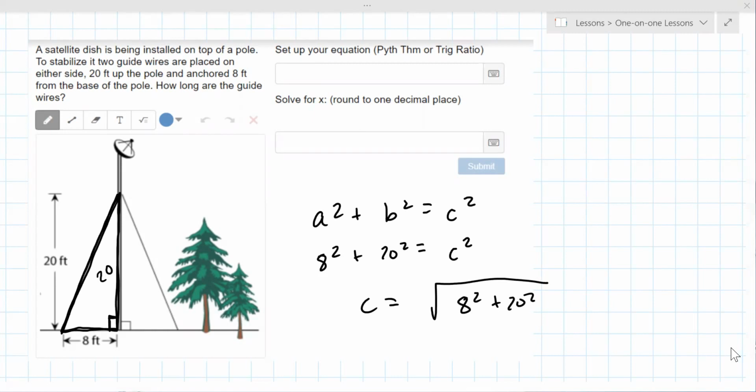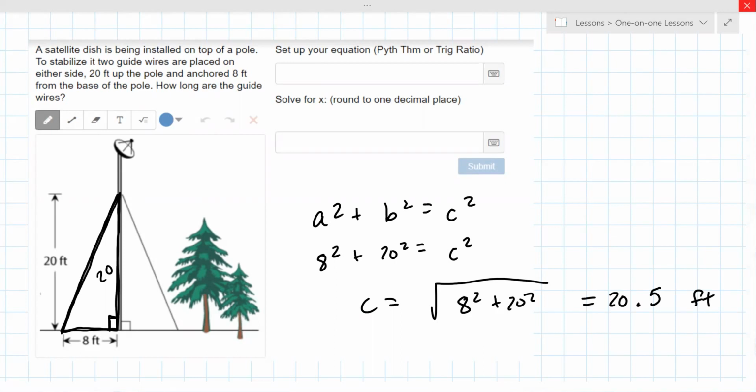And this is round to one decimal place. That's 20.5 feet. What they're trying to emphasize here is you can mix between Pythagorean theorem questions and sine, cosine, tangent questions.